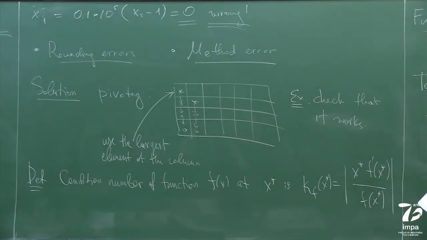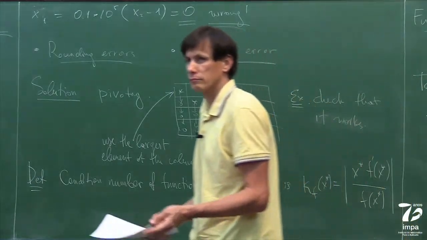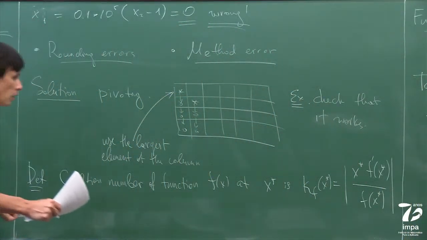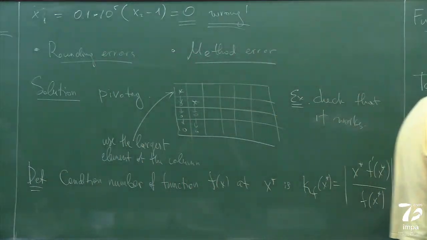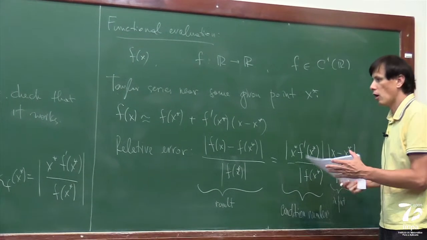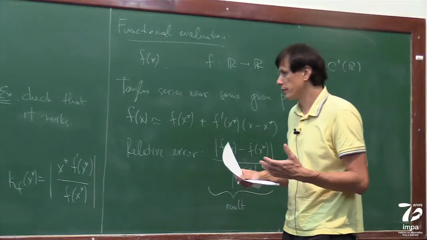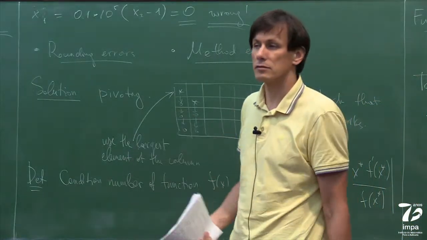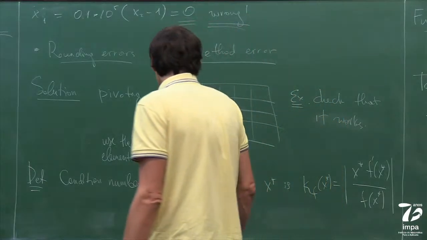So the condition number is an amplification factor. Amplification means that you gave as an input some data with a certain error, and the question is how many times the error increased, in the relative sense, after you made the computation.